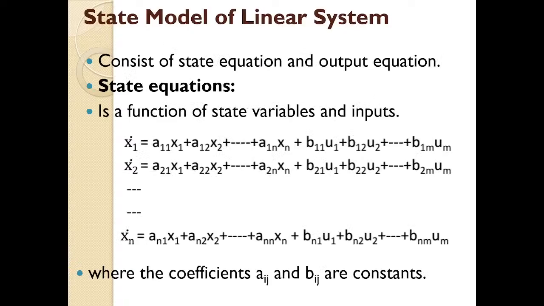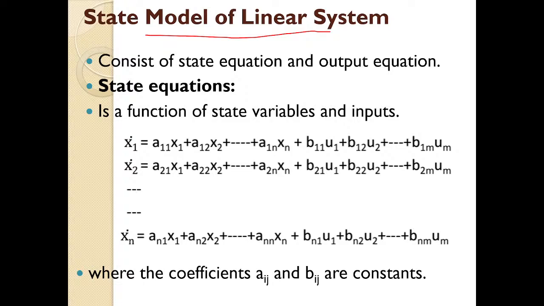Now let us see the state model of the linear system. So we have seen what is meant by state equation. The state model of a given linear system consists of two equations.